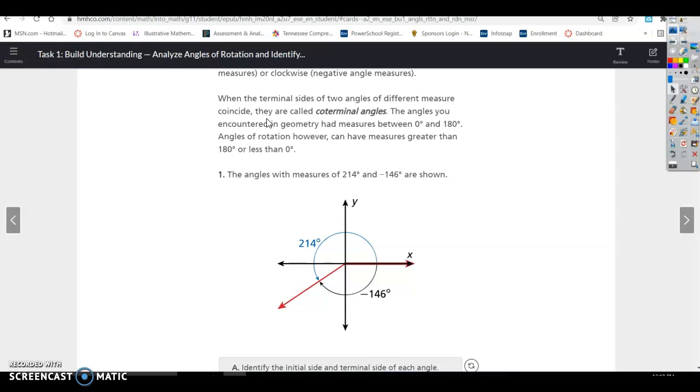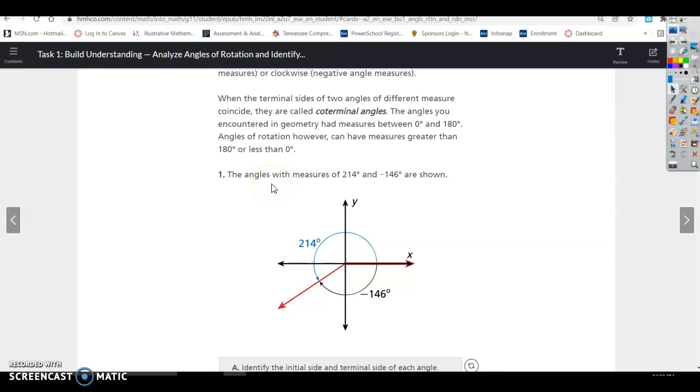Angles of rotation, however, can have measures greater than 180 or less than 0. Now they can still be between 0 and 180, but they also can be larger or smaller. So just remember that angles now are not going to be just strictly between 0 and 180.